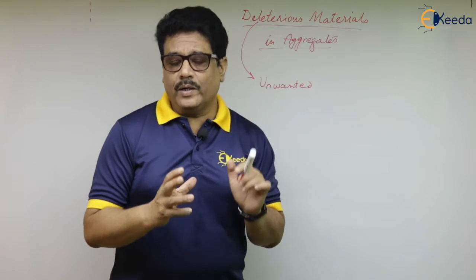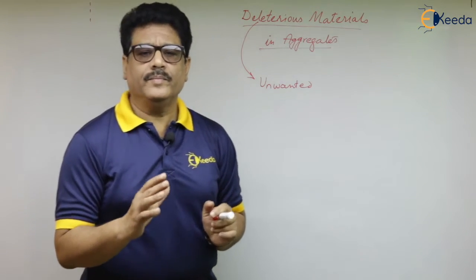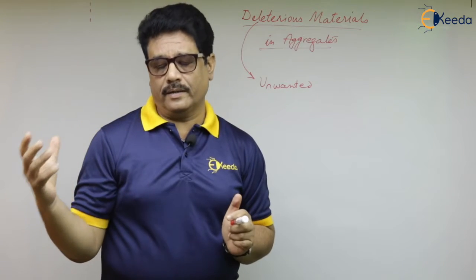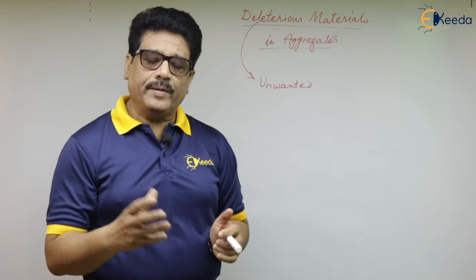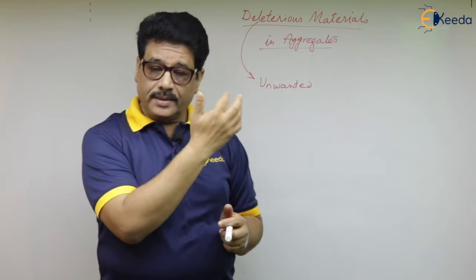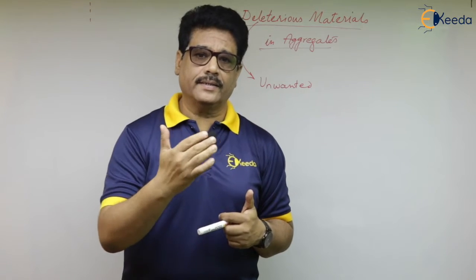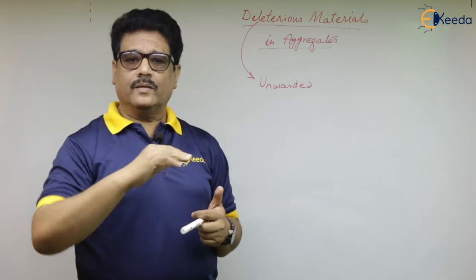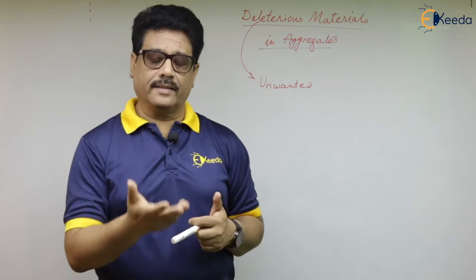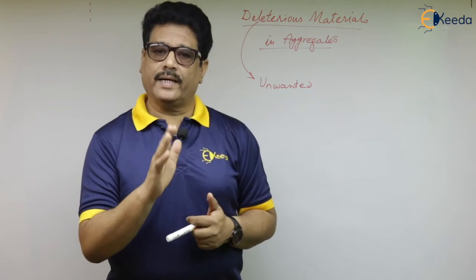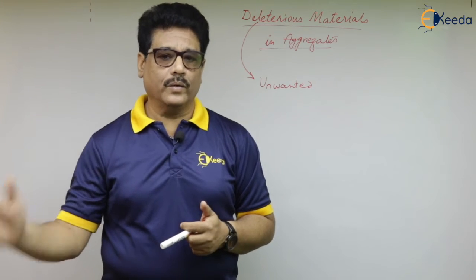Now, for these unwanted materials, even if we have natural sources or artificial aggregates, there may be atmospheric or environmental effects on them, and sometimes unwanted material gets coated on their surfaces externally. Therefore it is always better to wash the aggregates whenever we are making concrete.